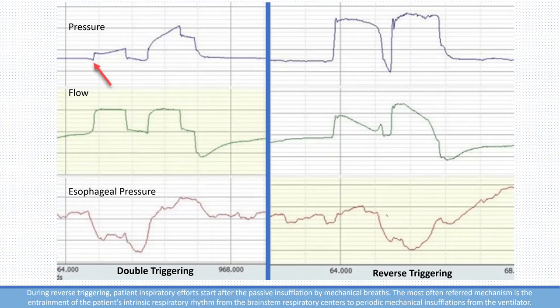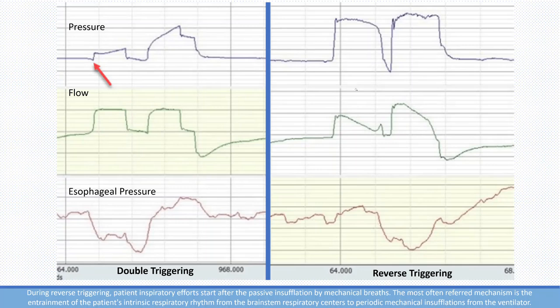However, it is not caused by the firing from the respiratory center. It is caused by the ventilator breath. So the positive pressure of the ventilator caused contraction of the diaphragm in a complex mechanism.